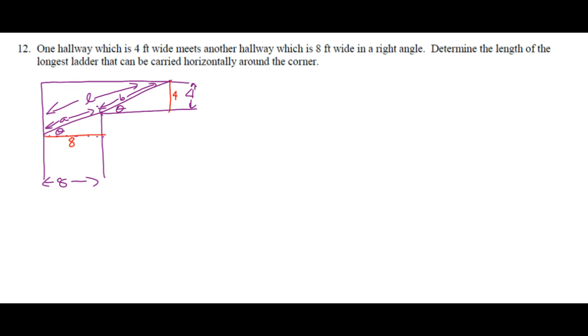Sine theta is B over 4. Sorry, it's not B over 4, it's 4 over B. So that means that B is equal to 4 over sine theta, or B is equal to 4 cosecant theta.